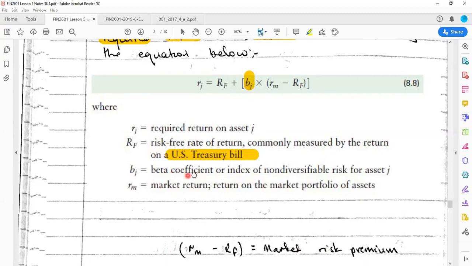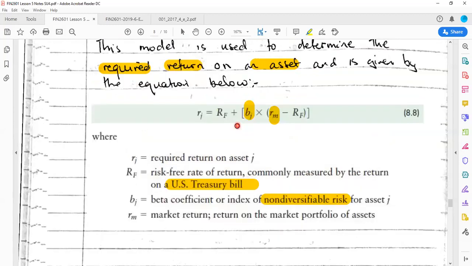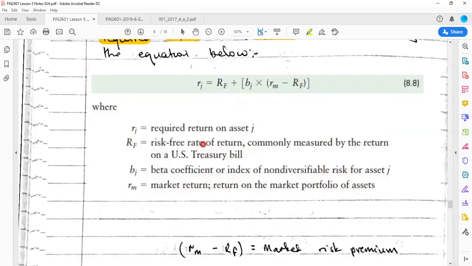BJ is known as the beta coefficient. It's a measure of systematic risk. It's a measure of non-diversifiable risk. RM is the market return, or the return on the market of portfolios, or the return on a market index. We've already explained what RF is. It's the risk-free rate. So this equation can help us to determine the required return.